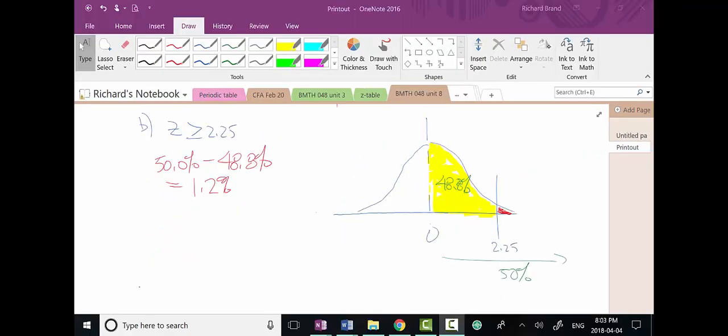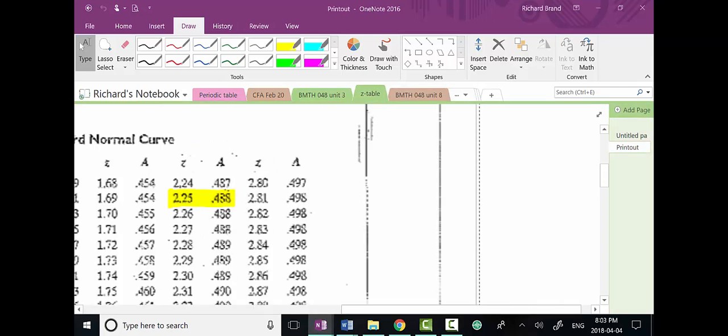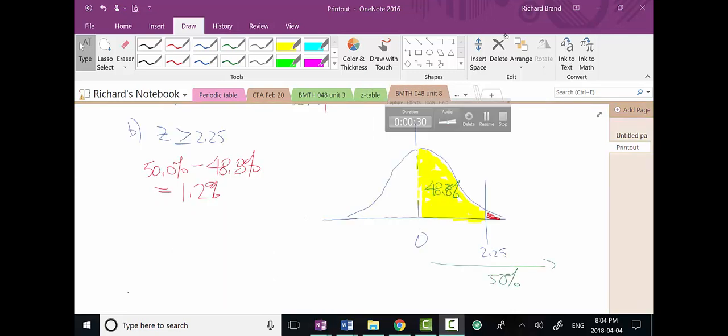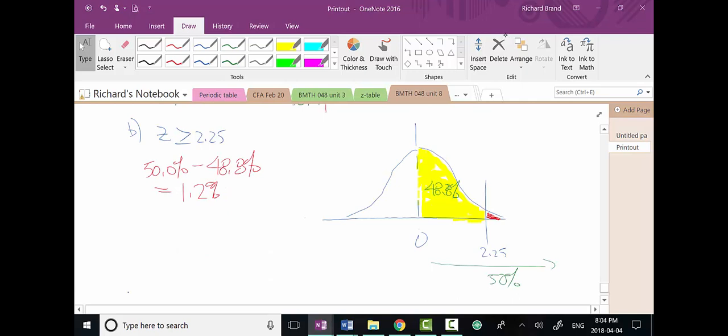So if you want to find out what percentage of values in the sample have a z-score greater than 2.25, you look up a z-score of 2.25 on a z table, and you see that a z of 2.25 means that 48.8% of the data is above the mean. So when you sketch your distribution, 0 being the mean, 48.8% of the data is above the mean.